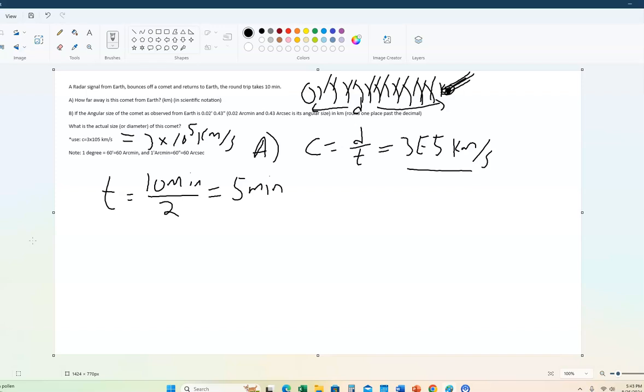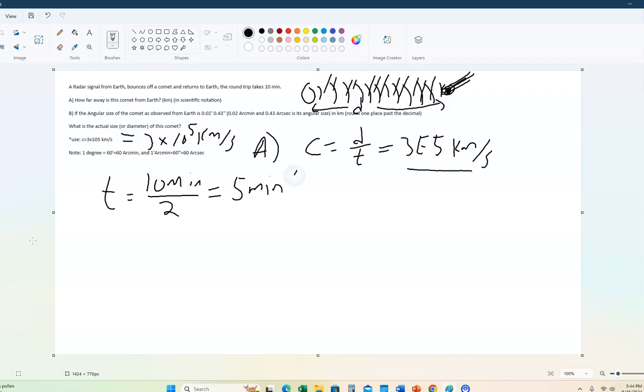By the way, this speed, 3 × 10⁵ kilometers per second, is also 3 × 10⁸ meters per second if we did it in meters. That's the fastest that anything can travel in the universe. All the different measurements we've made over almost 150 years show that's the ultimate speed in the universe.